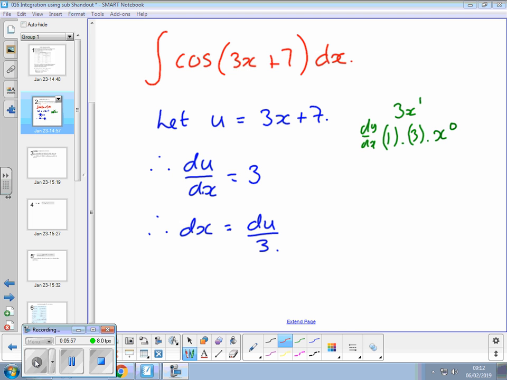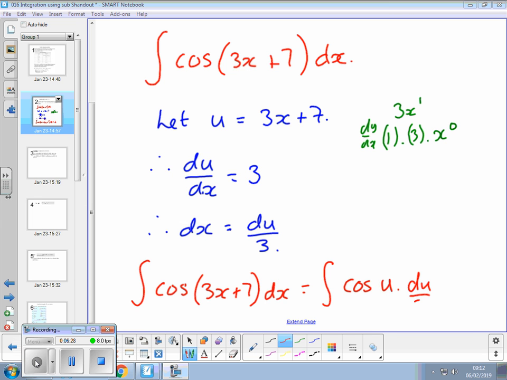Right, sorry about that interruption. So what we can now do is write that the integral of cos(3x + 7) dx is equal to the integral of cos u times du/3.